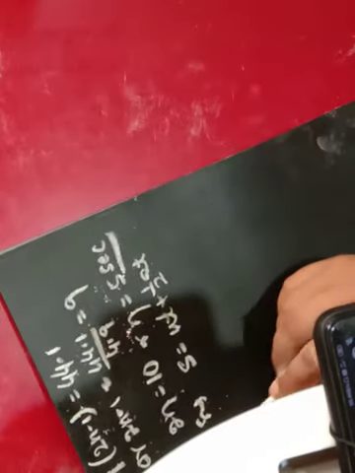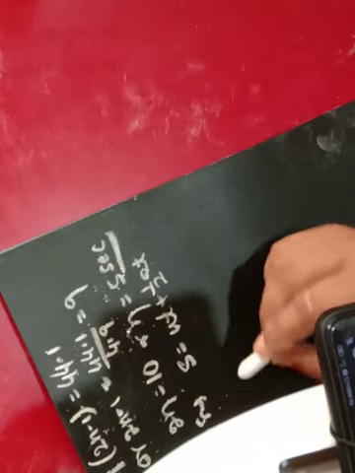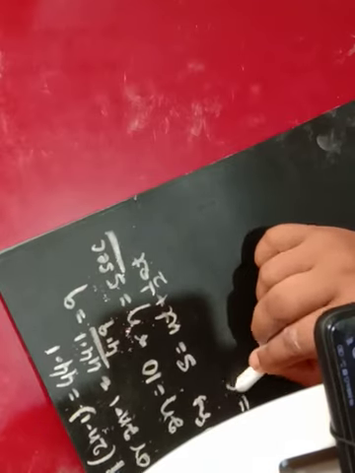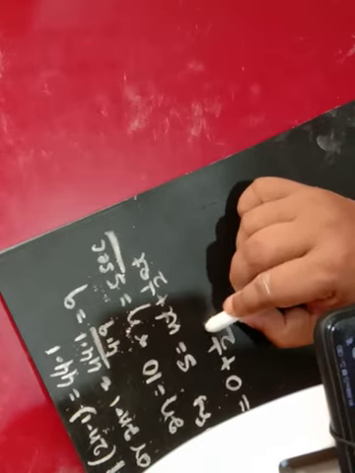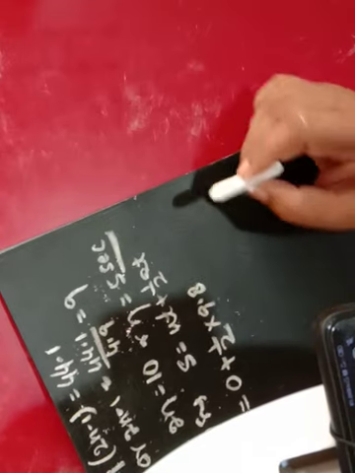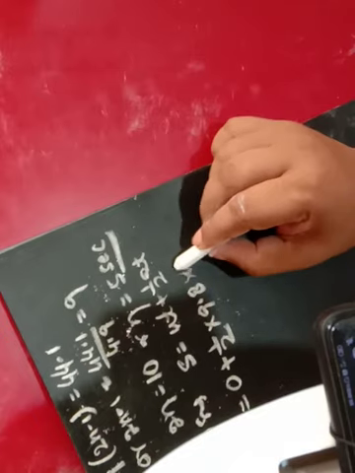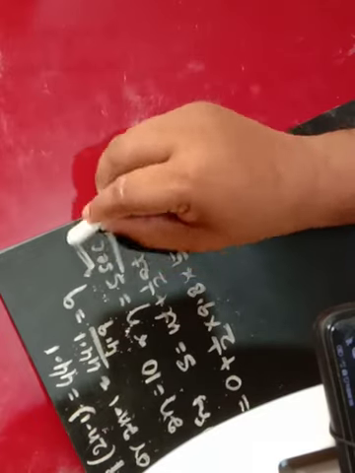So what will be the height? The height of the tower h equals u, which is 0, plus half acceleration, 9.8 meter per second square, and total time taken equal to 5 seconds, which you have already calculated.